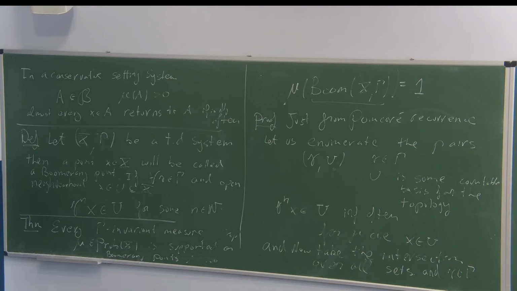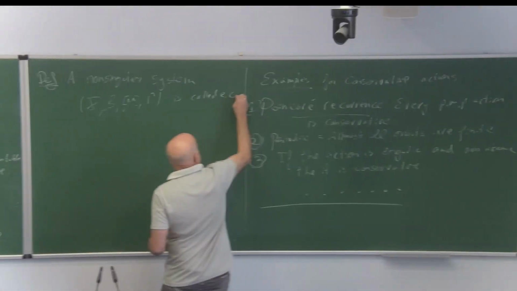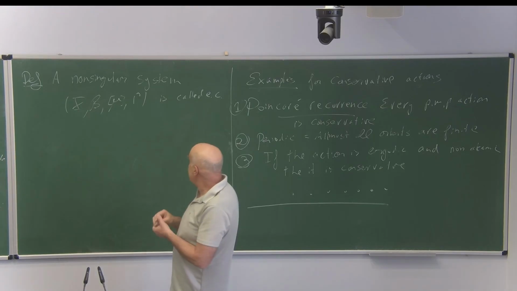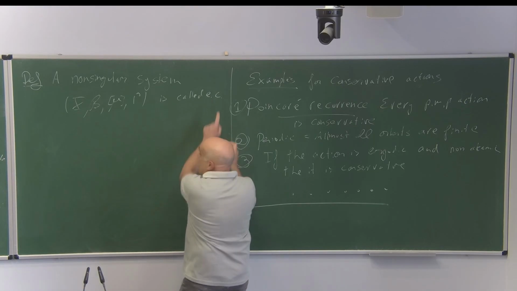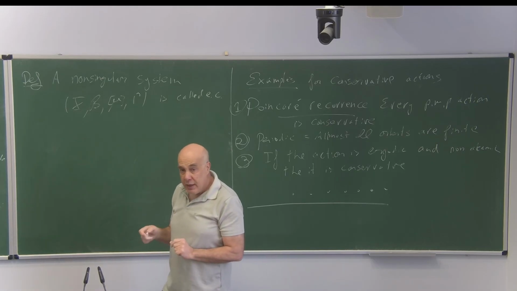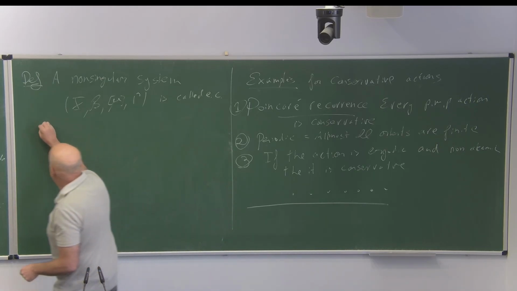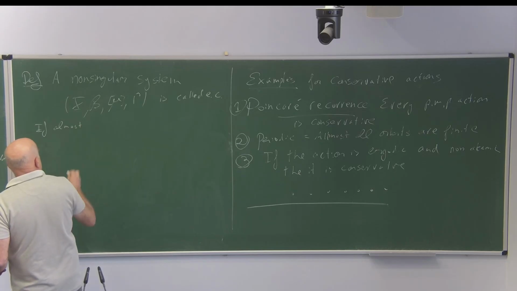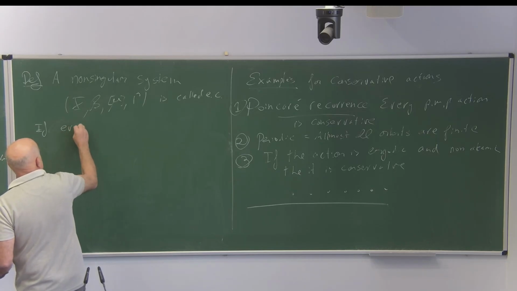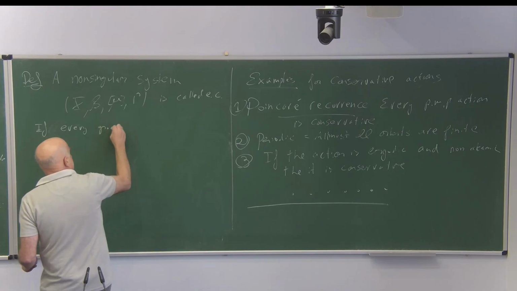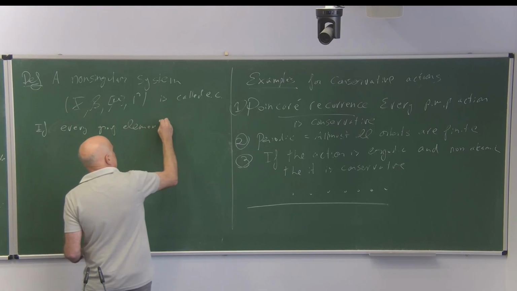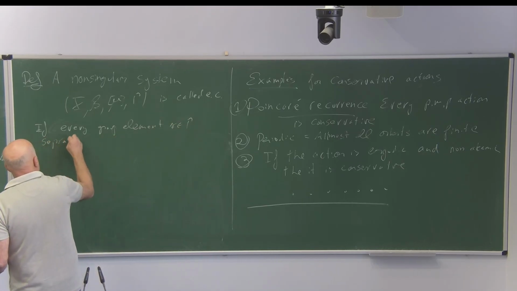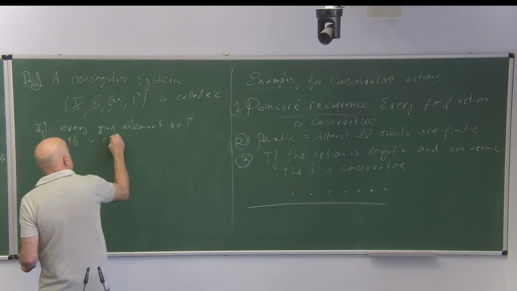It's called EC, and here I'm trying to capture exactly what you were asking. It's called an element-wise conservative system if every group element, gamma, separately, is conservative.